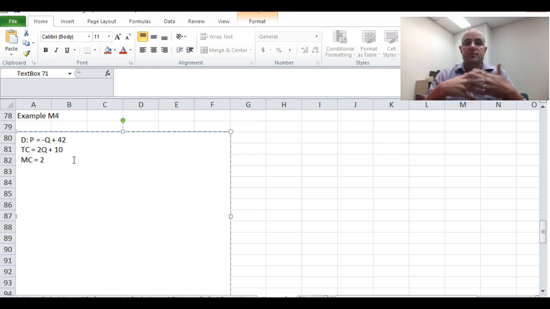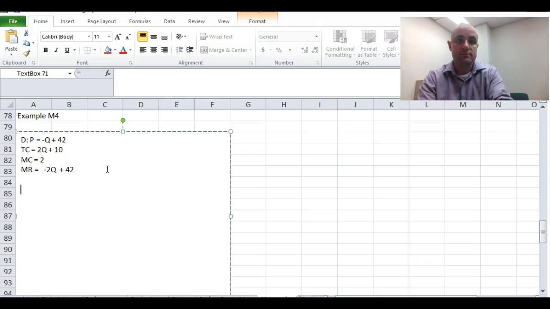So when you don't have it, I taught you the trick for it: your marginal revenue is going to have the same intercept as the demand, but it's going to have double the slope. So the slope of the demand is minus 1, times 2, is minus 2. So your marginal revenue is minus 2Q plus 42.